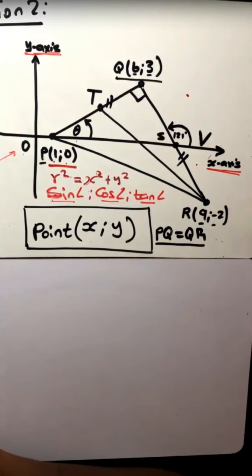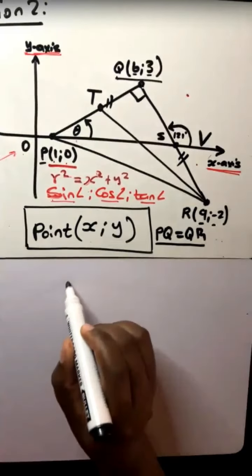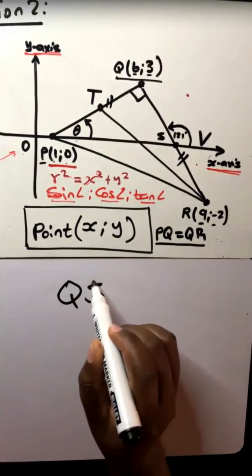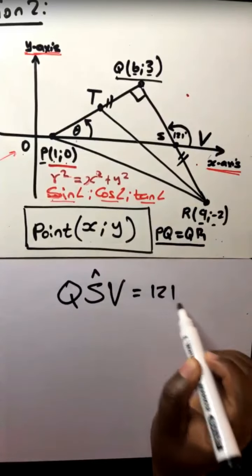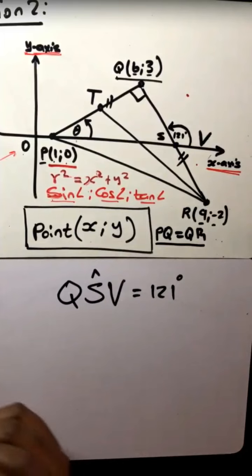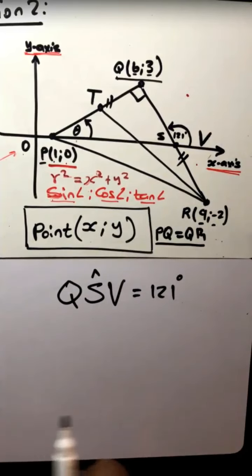Examiner is saying V is a point on the x-axis, such that in triangle QSV, angle S, very, very much important, QSV, angle S is equal to 121 degrees. I want to teach you guys how to read these things.